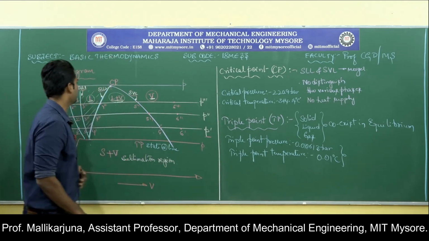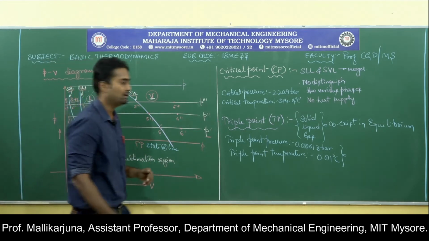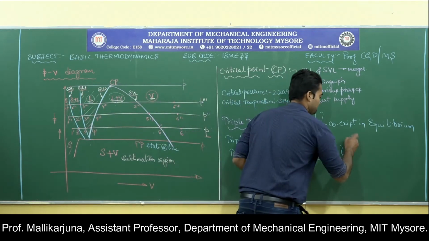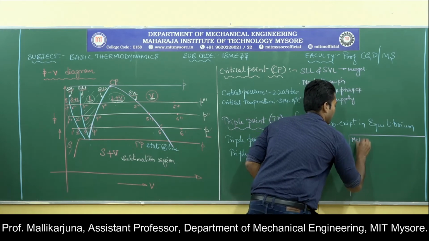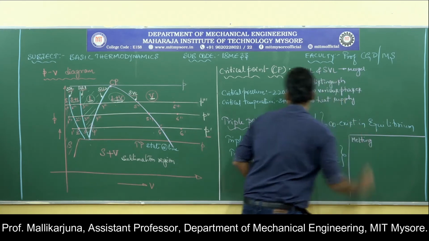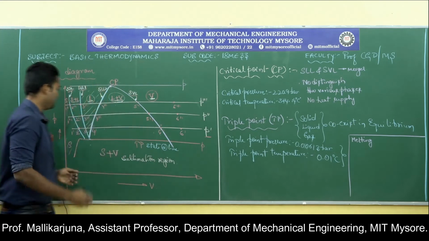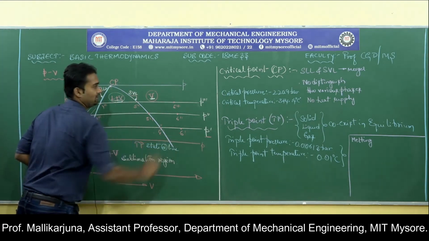Now let us talk with respect to the various processes that are happening in a substance. The very first thing is melting that we have seen. From where is melting happening? This is the P dash line.